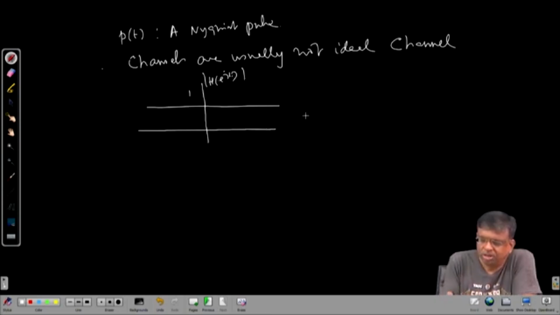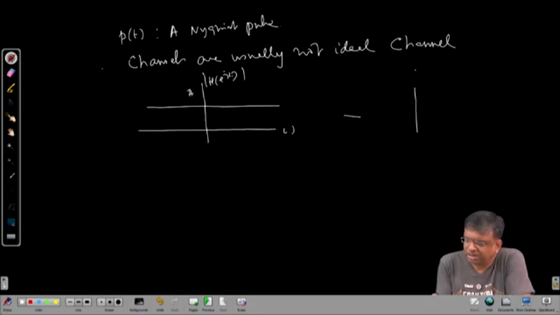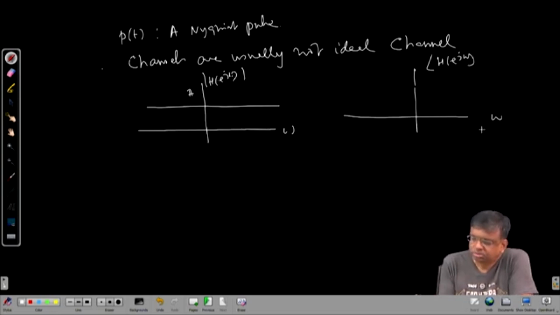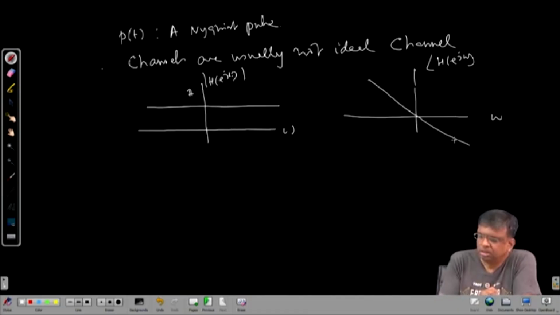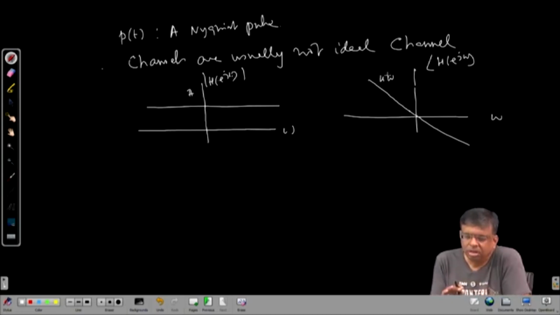Its magnitude should be either 1 or some constant k for all frequency, and the phase angle will be a linear function of omega, like some k omega, where k is a negative number. Then it is an ideal channel, because if you pass a signal through it, there will be no distortion.